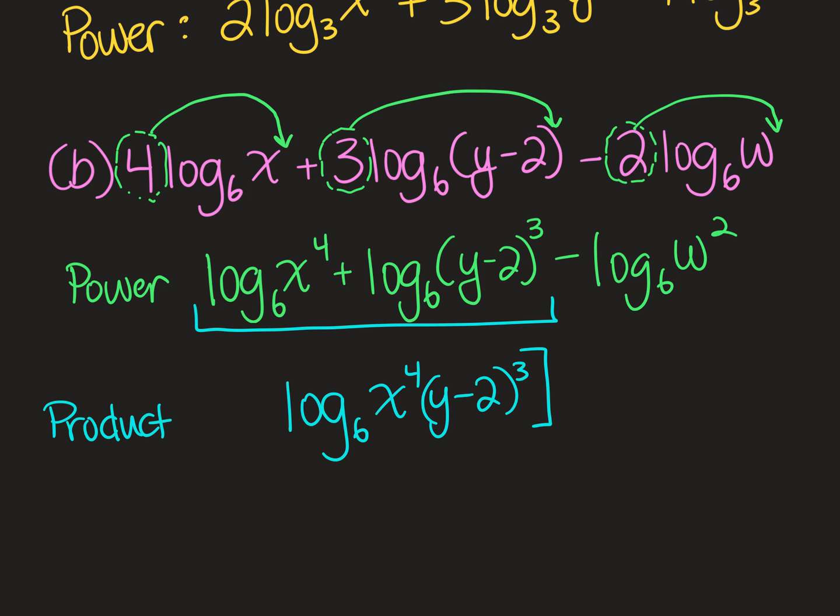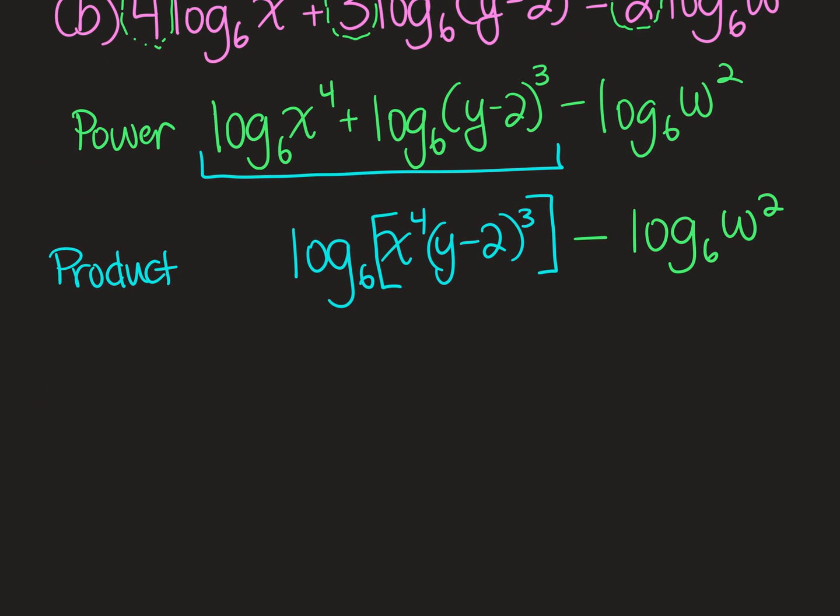Now, if you would like, you can put some extra brackets around that just to say, hey, that's where that logarithm ends. Notice I did not change anything with the last logarithm. I'm doing this 2 at a time. Otherwise, you're bound to make a mistake. So the first 2 combine using the product property.